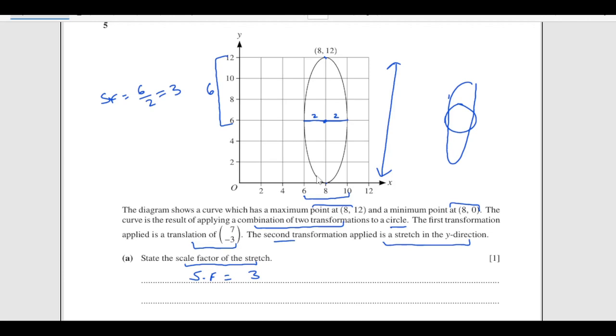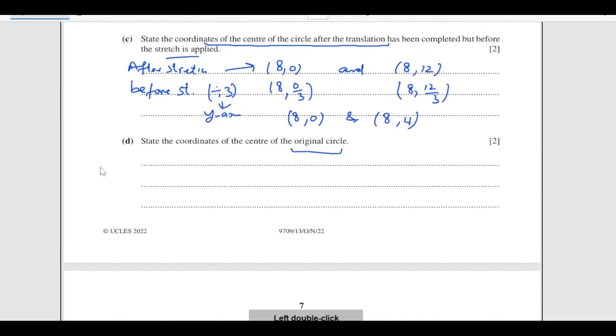So before the translation we need to do the opposite. We are talking about before translation, right? Let me write here, before translation. We will do the reverse, or you can say the opposite, of 7 and -3.